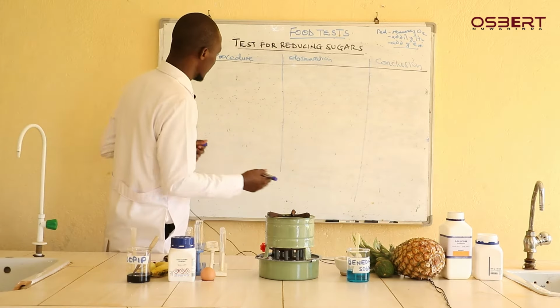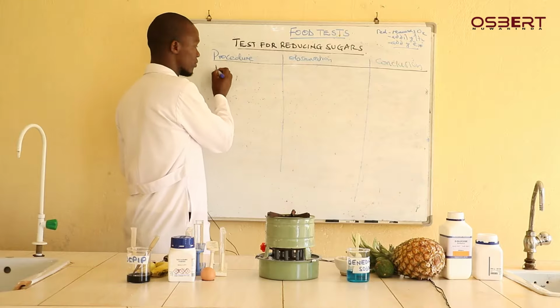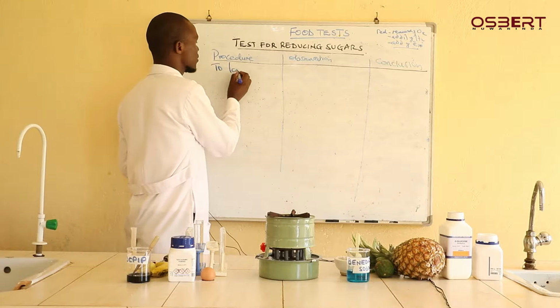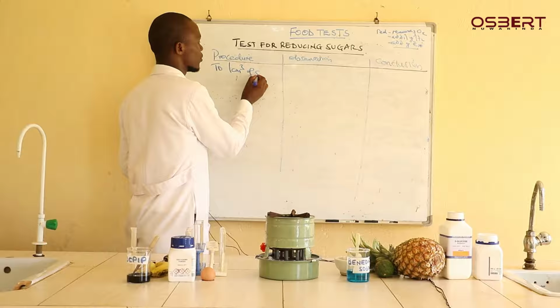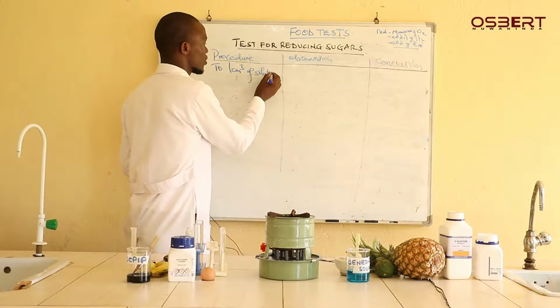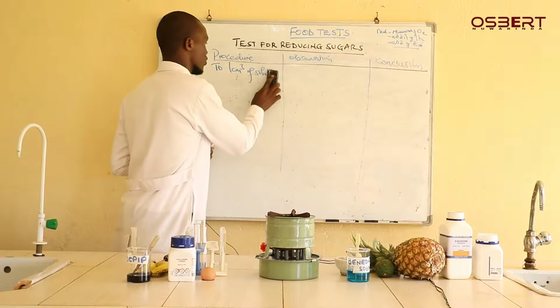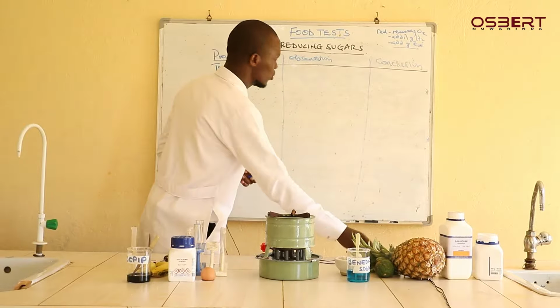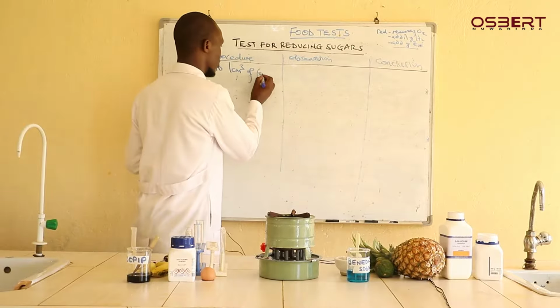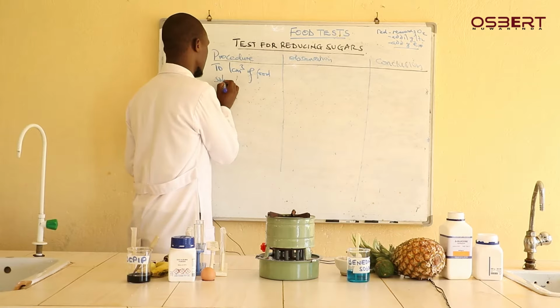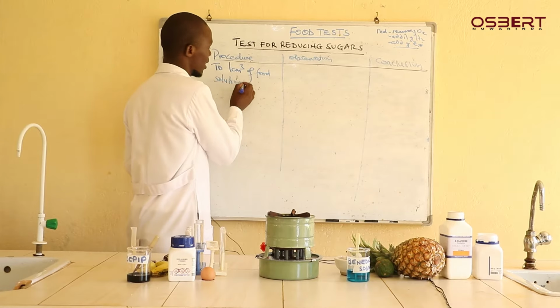The procedure is that to 1 centimeter cubed of the solution. Which solution? We can call it the food solution. Here, you have the food, so you have made a solution, let us call it the food solution.